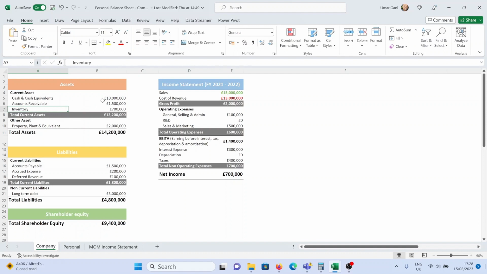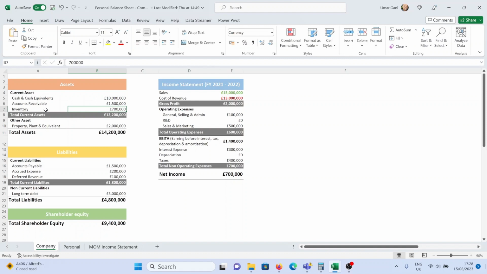So for this particular company, they have cash and cash equivalents of 10 million, 1.5 million to be received from their customers, and an inventory of 700,000 pounds. These are called current assets.